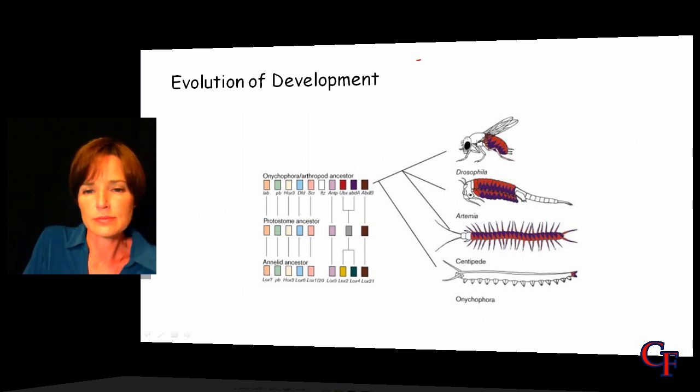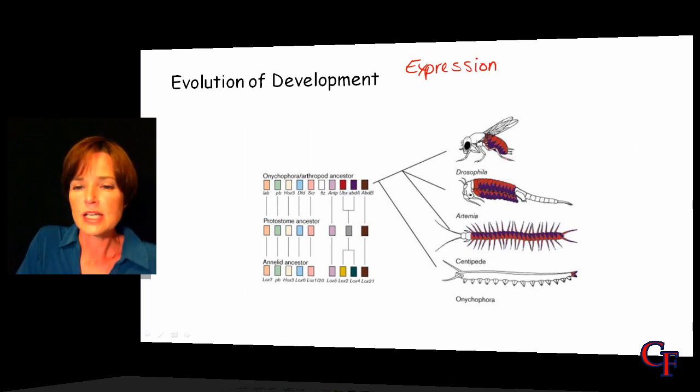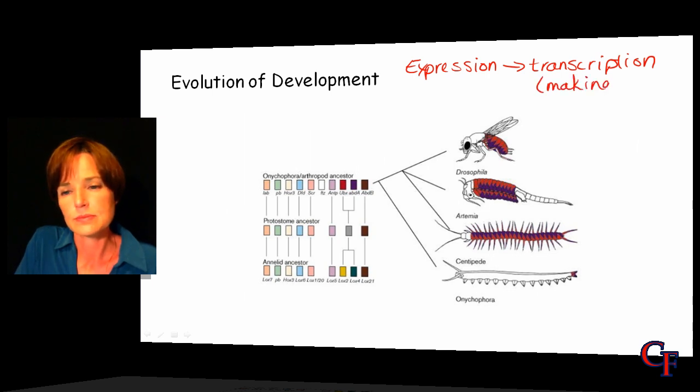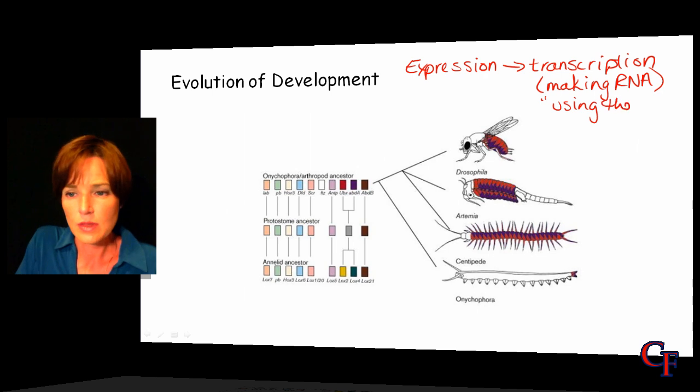By expression, hopefully that word is not really throwing you off, we're talking about transcription. And transcription, if you'll recall from your Bio 1, is making RNA. Or in other words, what I like to call using the genes.